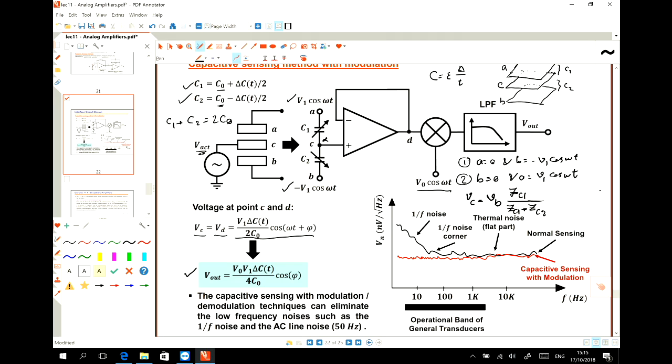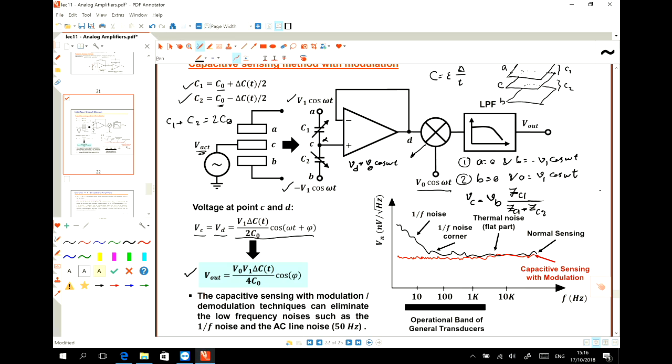I multiply VC, so the output of the mixer is VD multiplied by V0 cosine omega t. This VD has two components: one at a frequency of 2 omega, and one at DC.